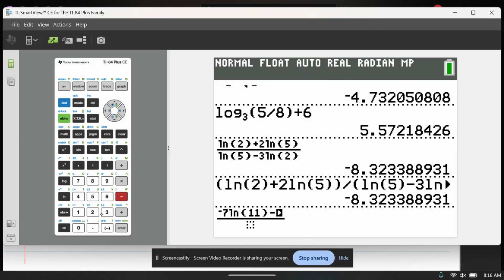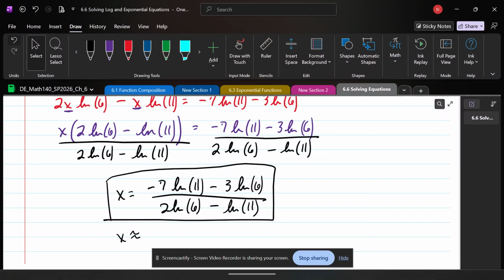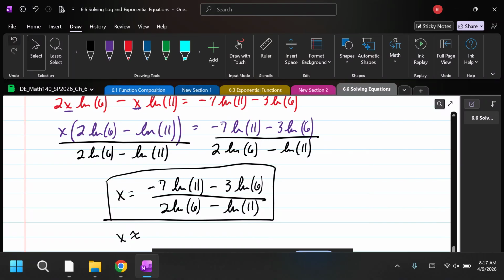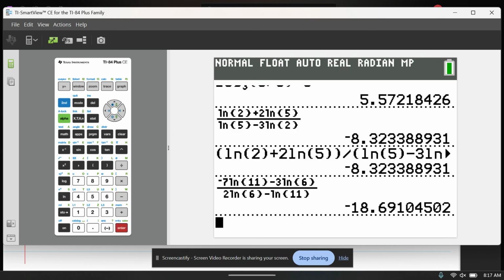On the bottom, I have 2 natural log of 6, close parentheses, minus natural log of 11. Enter. Negative 18, go in 3 decimal places, it'll be 0.691.